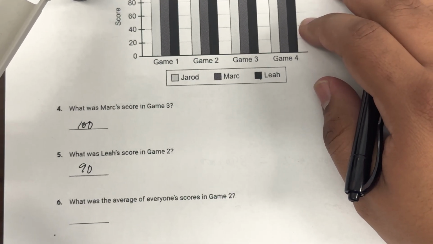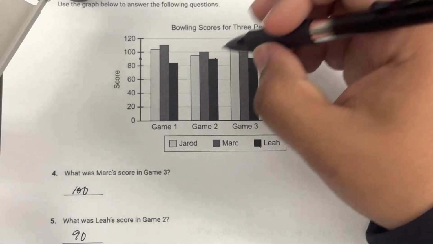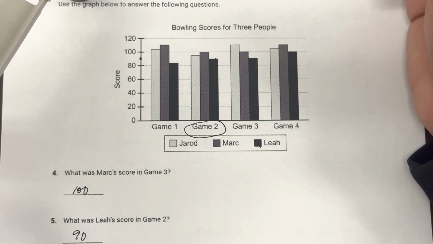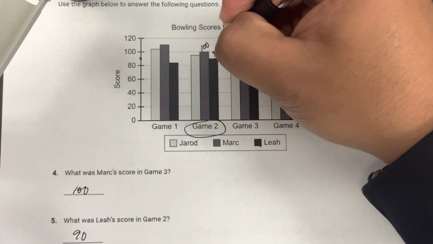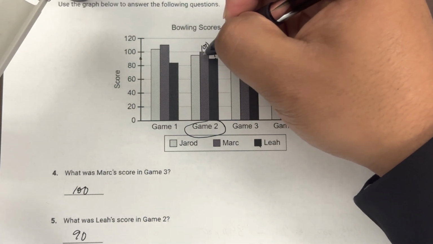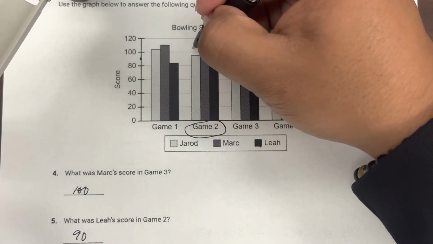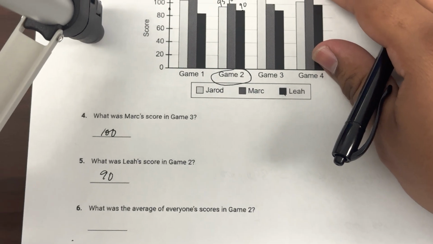What was the average of everyone's score in game 2? Game 2. Very, very difficult to tell. We're just going to have to assume there's 190. I guess you would say 95. So we'll just make our life a little easy and just say 95.